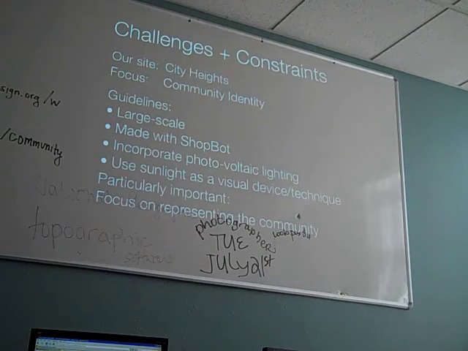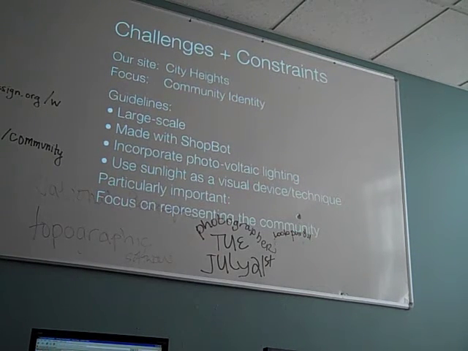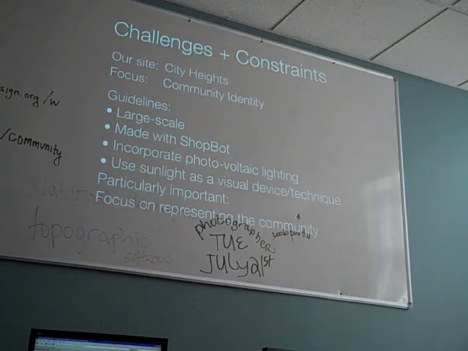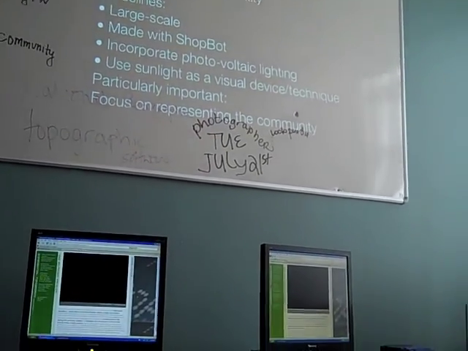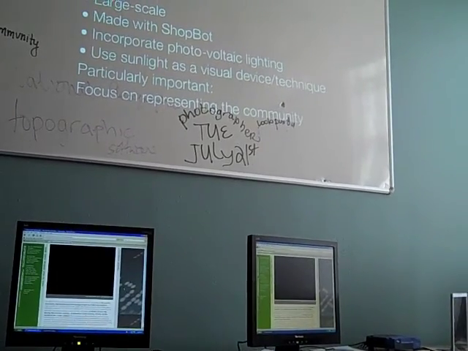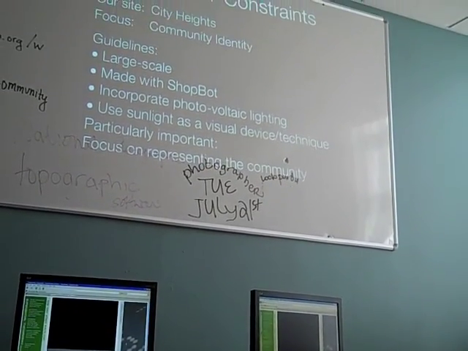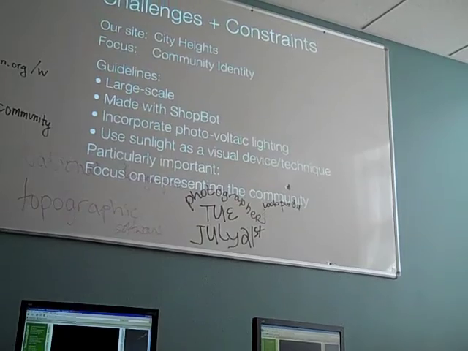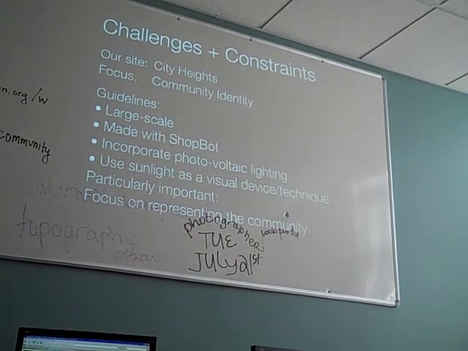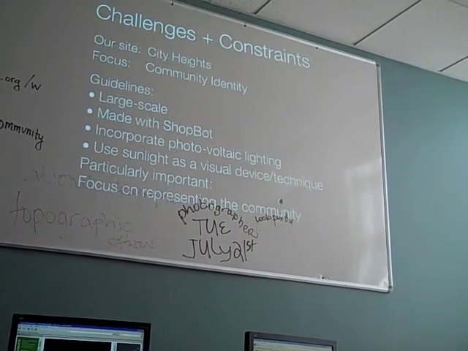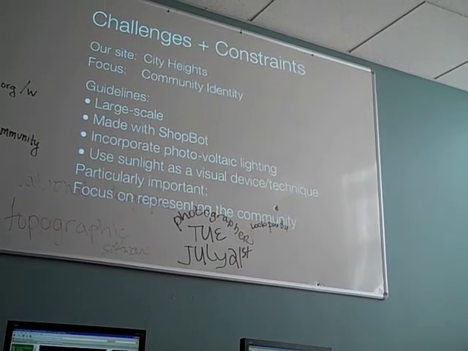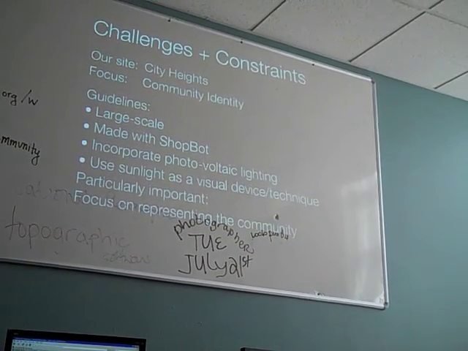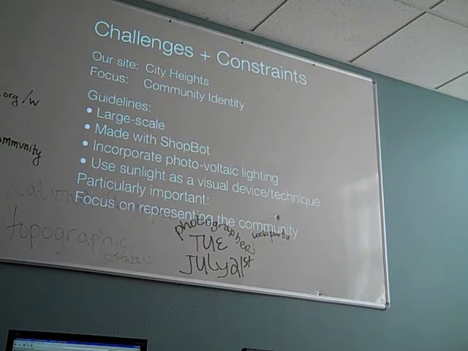So maybe you can even think about light as elements, whether it be daylight, sunlight, or this light at night, and use sunlight as a visual device or technique. And the thing I'm most interested in is your opinions and impressions or understandings of City Heights.